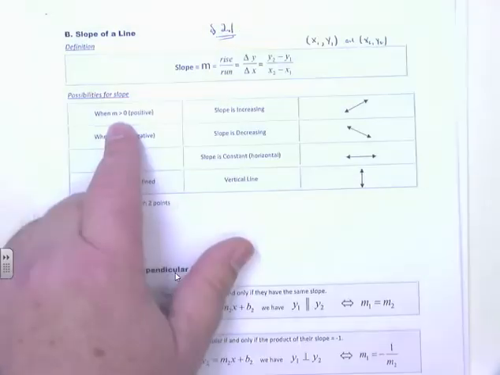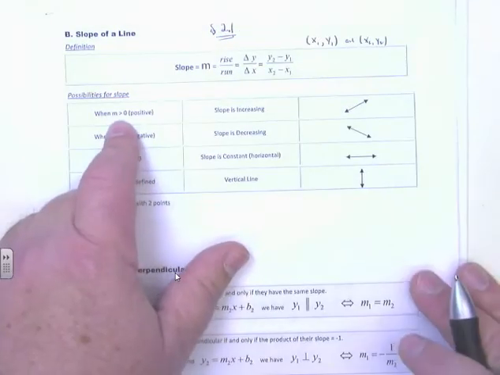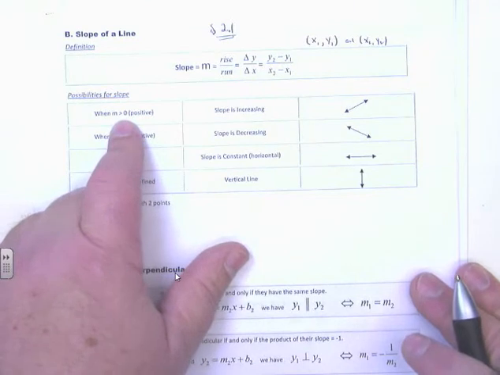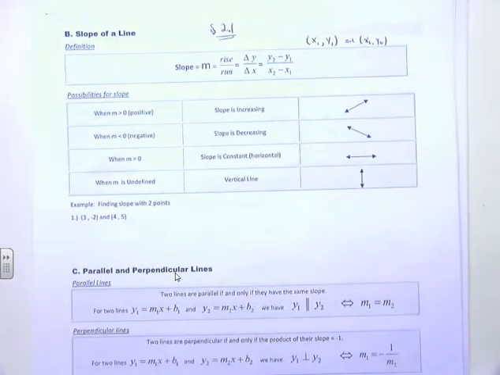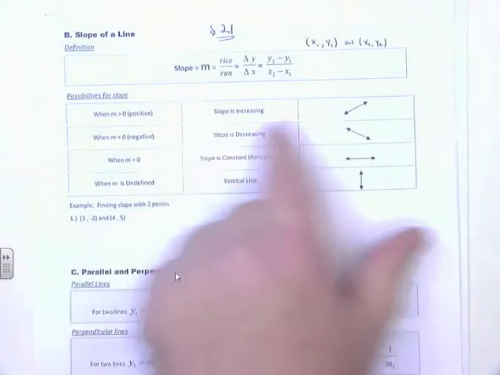When the slope is positive, meaning a slope greater than 0, that means the slope is increasing. When it comes to graphs, you always read a graph from left to right, from negative numbers over to the positive numbers. You're running up the x-axis as you read a graph.